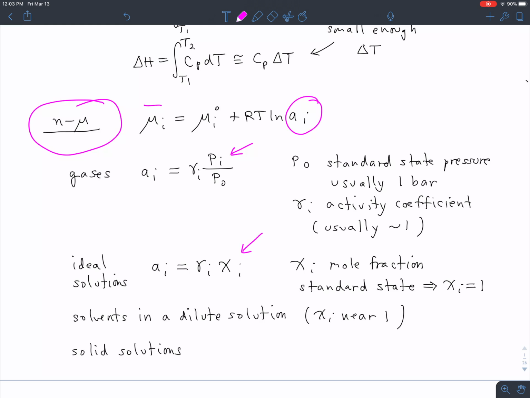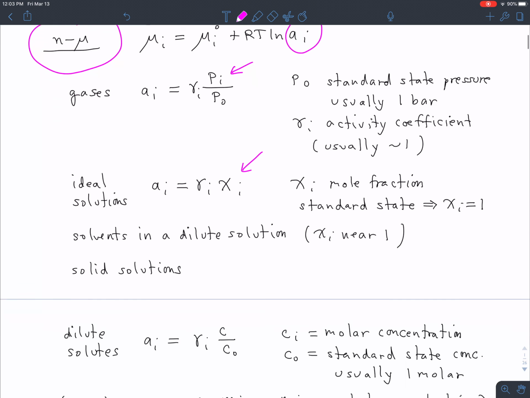For solutes, for any phase that's essentially pure with only minor impurities or minor solutes dissolved in it, the mole fraction is appropriate. Also for any ideal solution, so mixtures of very similar liquids, for example, the mole fraction is the appropriate measure of activity in all concentrations, even when the solute may be in fairly high concentration.